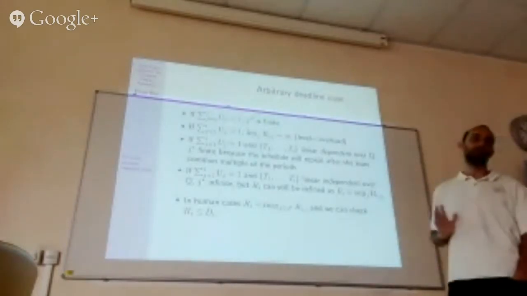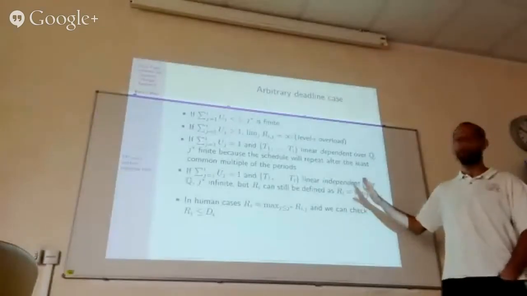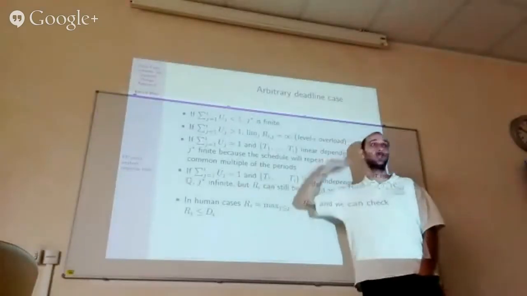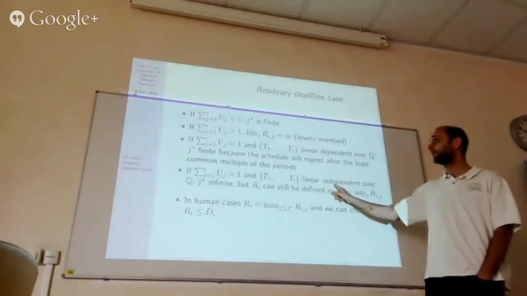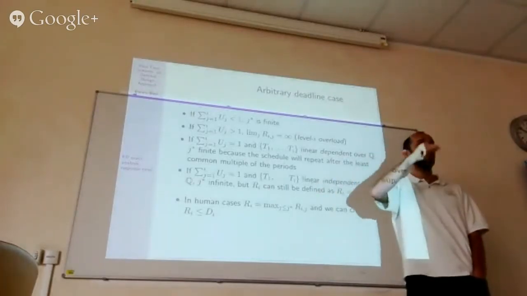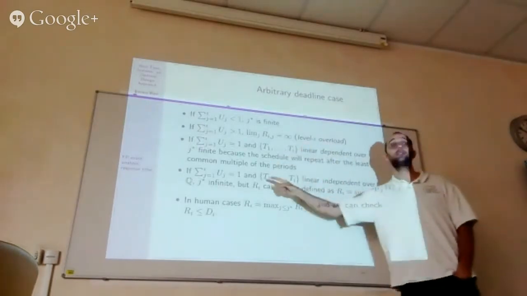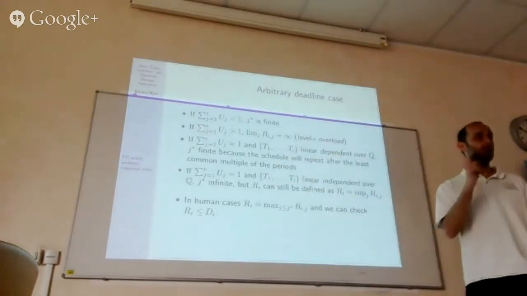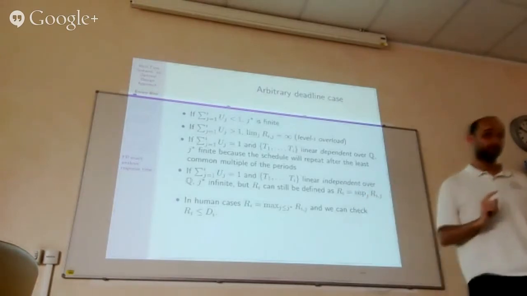This is a very special case, but it's fun because it's not overloaded: the utilization is equal to 1, not larger than 1. There is no hyperperiod because of the irrational numbers, but still there is a response time, which in this case is the supremum.